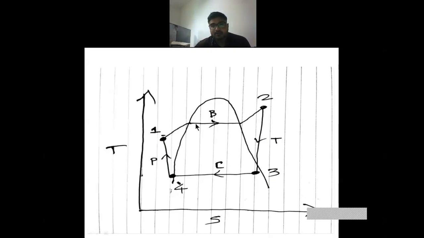In the boiler we are supplying heat, in the turbine we are getting work, in the condenser we are rejecting heat, in the pump we are supplying work. Clear? Before that we need to discuss the process. Which type of process is this? So process number 1 to 2 is a constant pressure process.